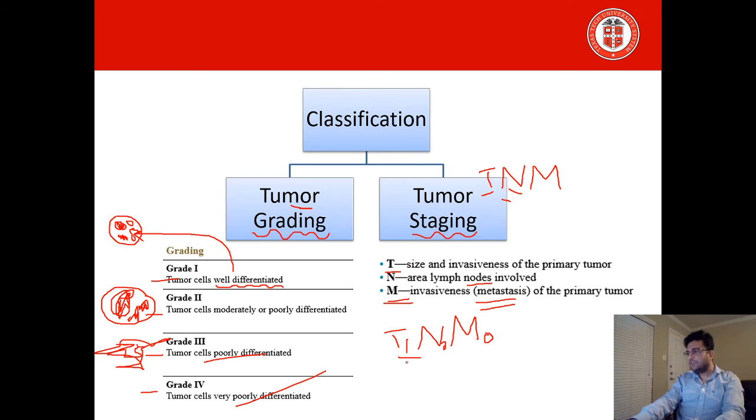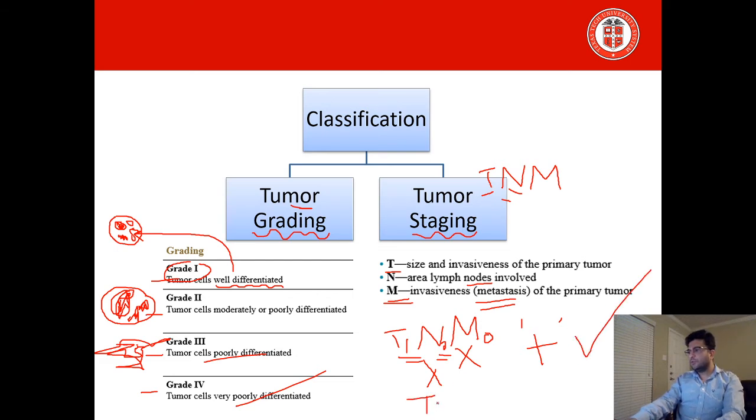Which means if it's T1, then there is a grade 1 tumor, good differentiation. N0 means there is no lymph node spread, and M0 means there is no metastasis spread. So this tumor is not spreading, it's just a tumor, really well differentiated. So it has a very good prognosis, a large chance that the tumor will be cured.